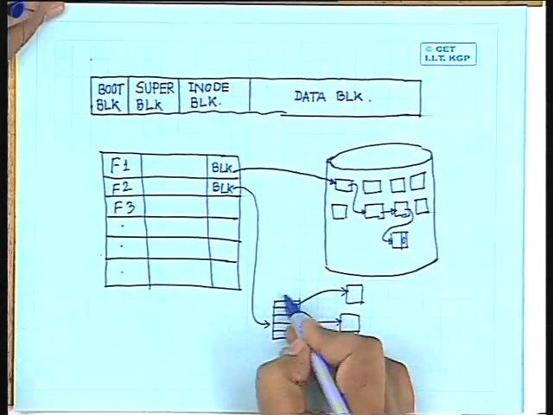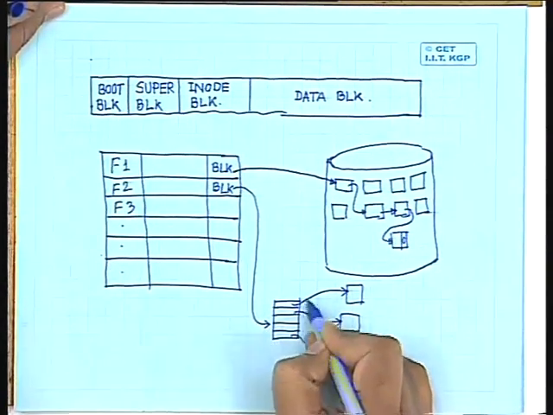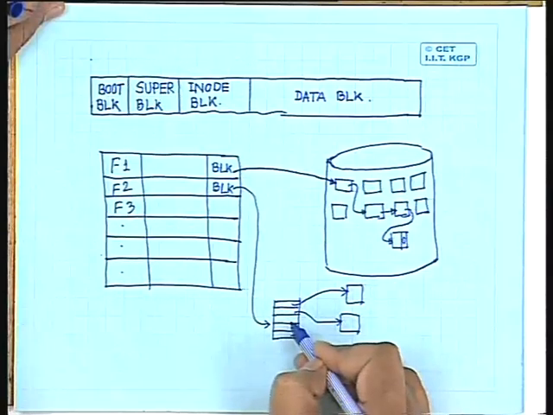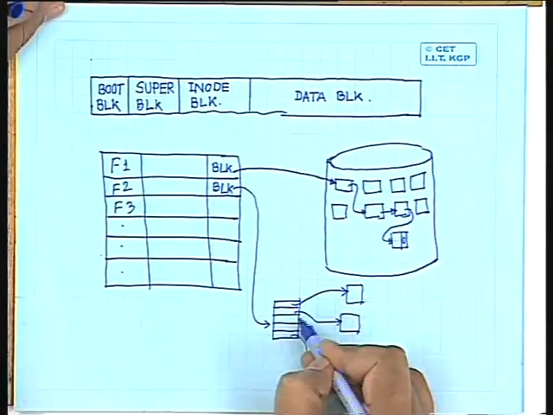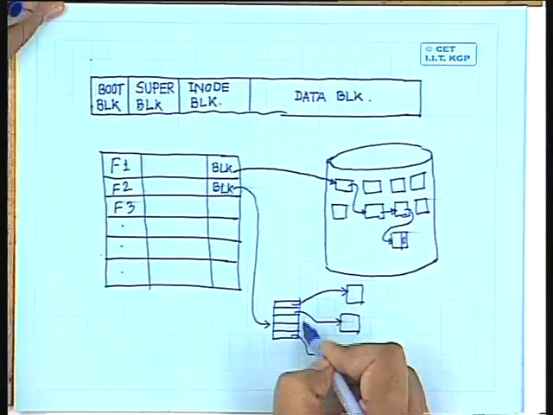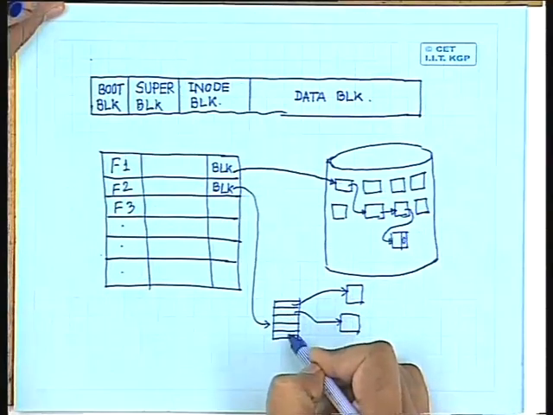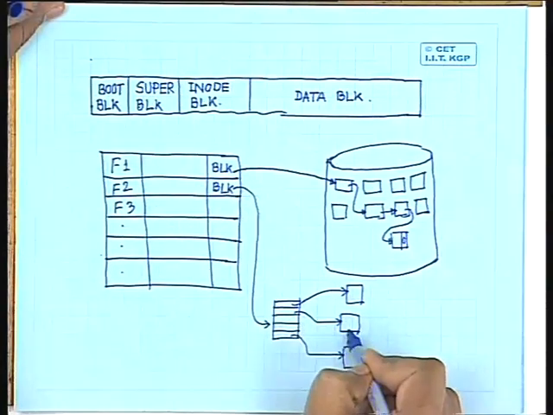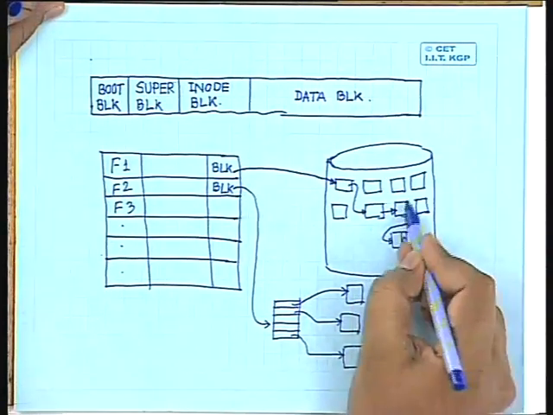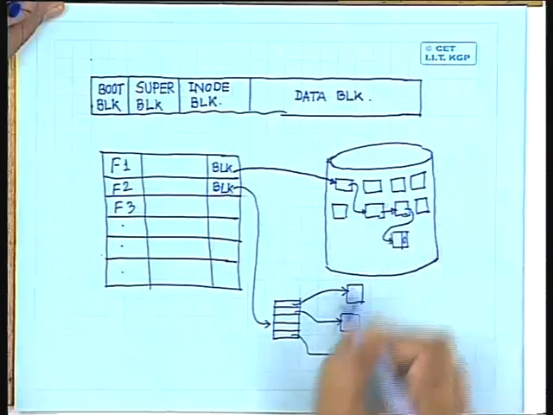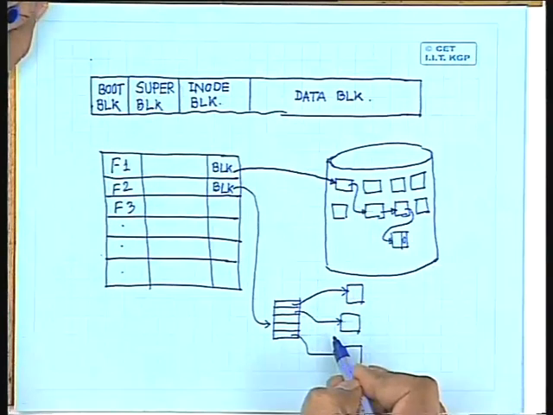But the first thing that I have to access is this table. Right? So once I have access to this table, then following any arbitrary pointer, I can come to a random block to access the data contained in that block. Okay. So the disadvantage that we had in the previous case has been removed in this case.